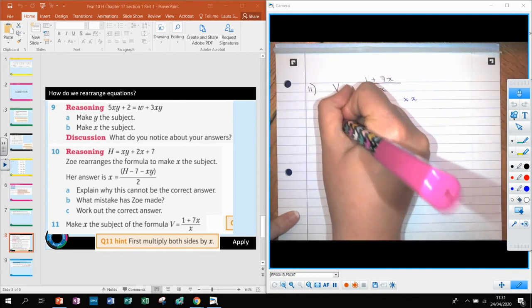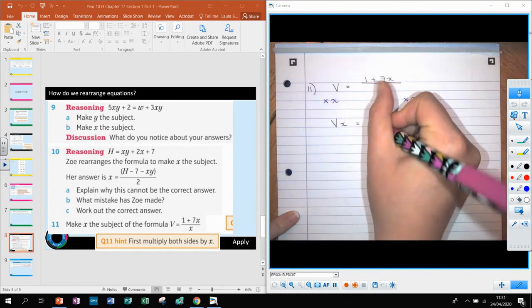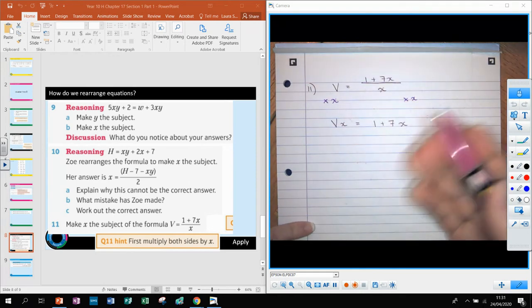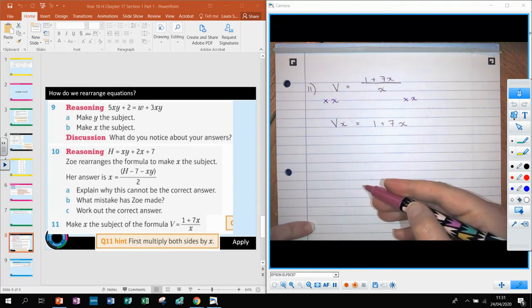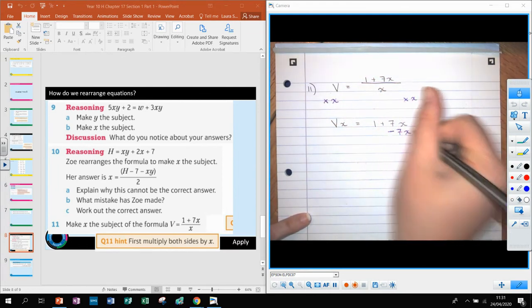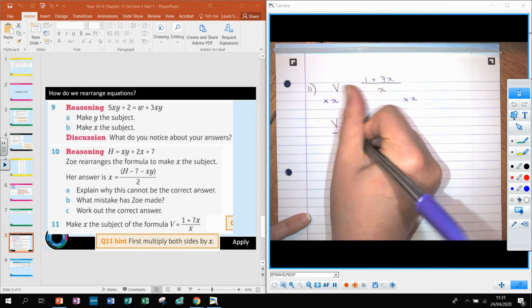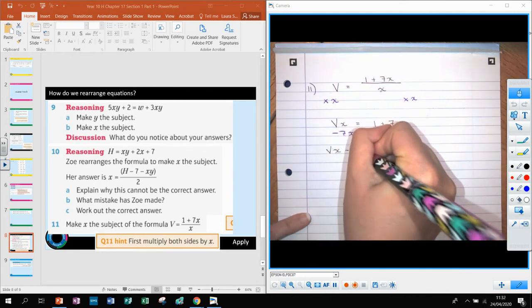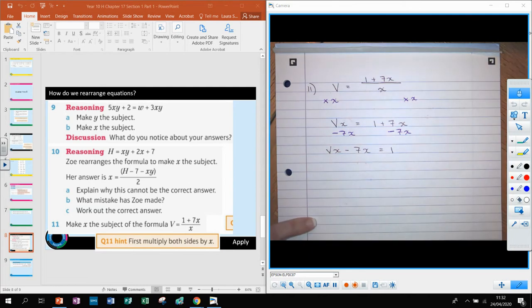So that gives us Vx is equal to 1 plus 7x. Now we can get the x's together. In order to do that, the easiest way is to take away 7x from both sides. That will give us Vx minus 7x is equal to 1. Now we are able to divide out that x and factor it.